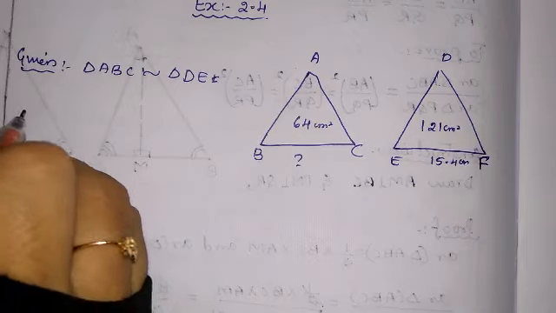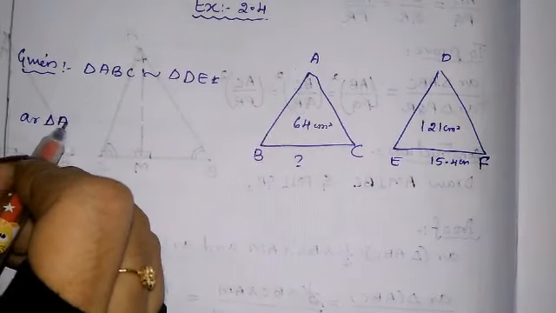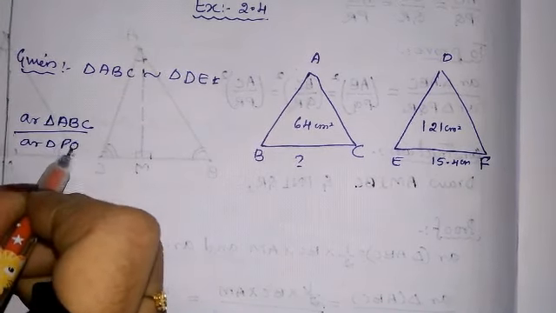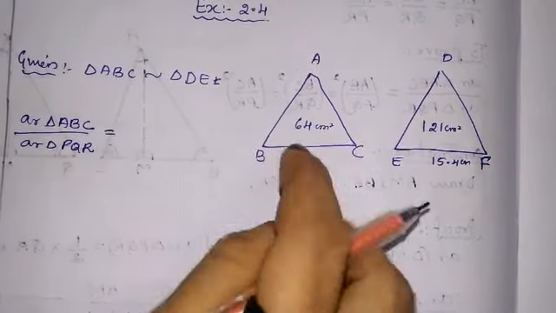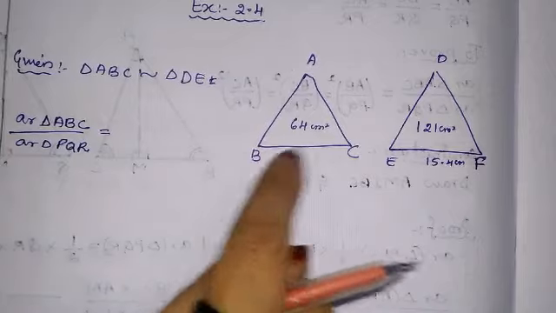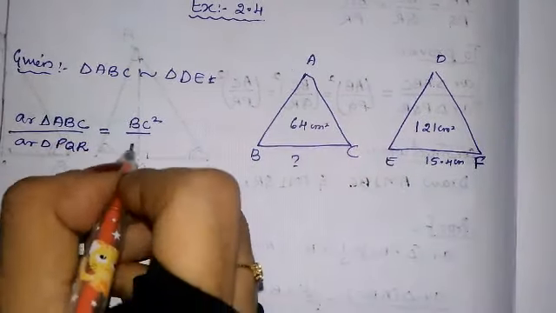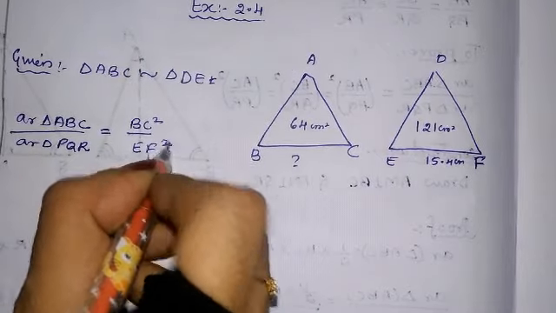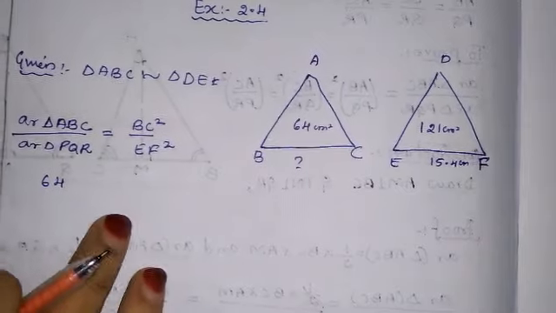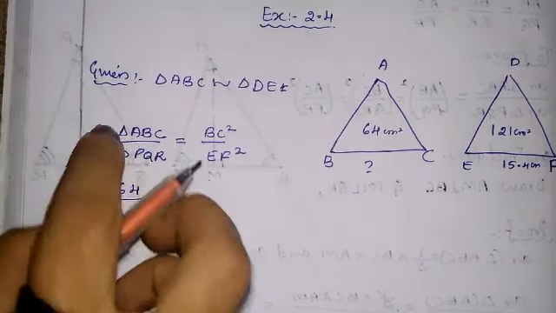So let us write area of triangle ABC upon area of triangle DEF is equal to, which side we want, only we will take that side. For triangle ABC, which side? BC square upon EF square. Triangle ABC area is nothing but 64.